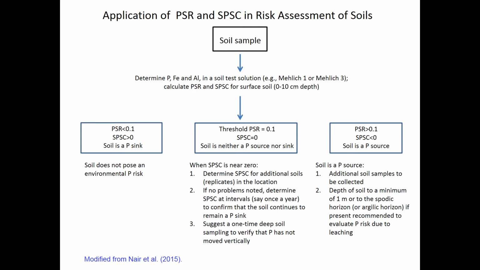You will realize that if you have a soil such as spodosols, you may not get much P in the surface, but it may have moved down to the spodic horizon. Now, when the PSR is greater than 0.1 and SPSC is less than 0, your soil is a P source. So additional soil samples need to be collected, depth of soil to a minimum of 1 meter, or to the spodic or argillic horizon if present, recommended to evaluate P risk due to leaching.